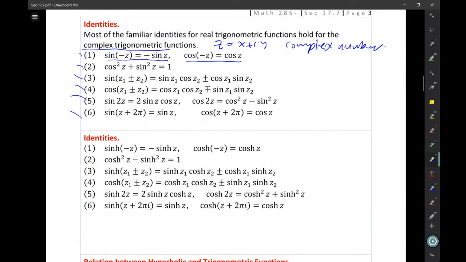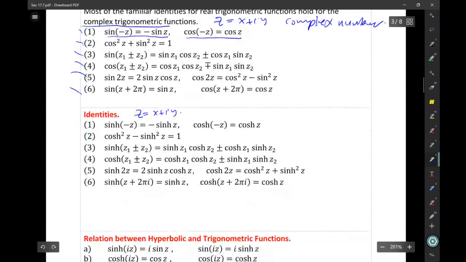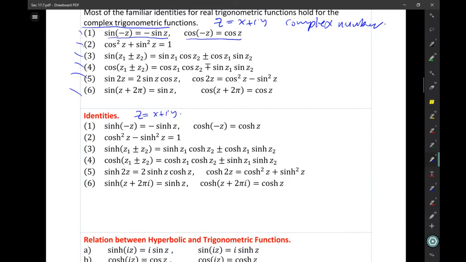Now, also the identities of the hyperbolic functions. Here also z is equal to x plus iy. Sinh of minus z is equal to minus sinh z. We have it the same in calculus. Cosh is the same. Cosh squared minus sinh squared is equal to 1.